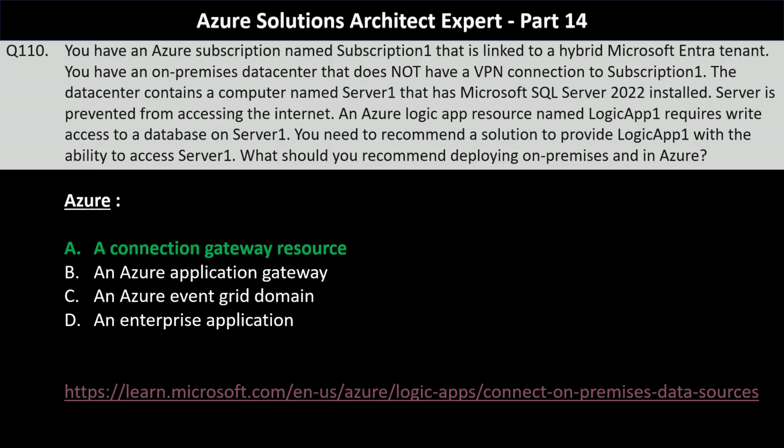The connection gateway in Azure is configured alongside the on-premise data gateway installed in the on-premise environment. This enables Azure Logic Apps to securely communicate with on-premise resources like SQL Server databases. Now, there is a link on your screen at the moment. You can go through the link to understand how this all concept which I just explained works in more detail.